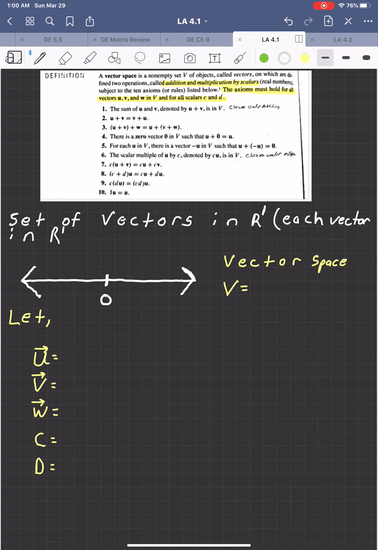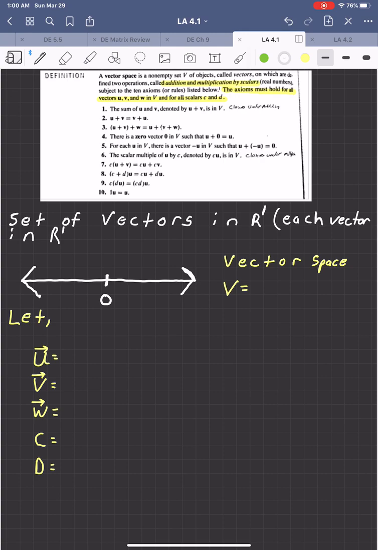And all 10 of these axioms must hold in order for it to carry the name of a vector space. So the axioms must hold for vectors u, v, and w in V, and for all scalars c and d.